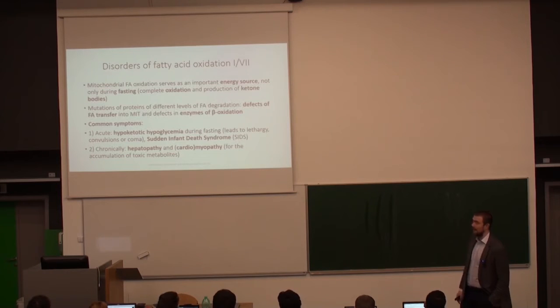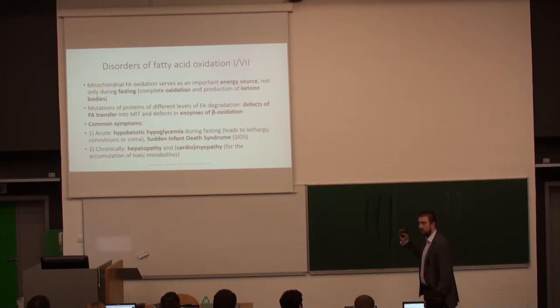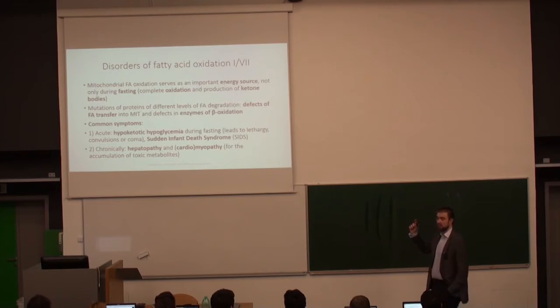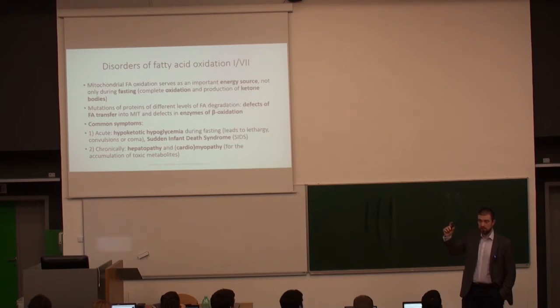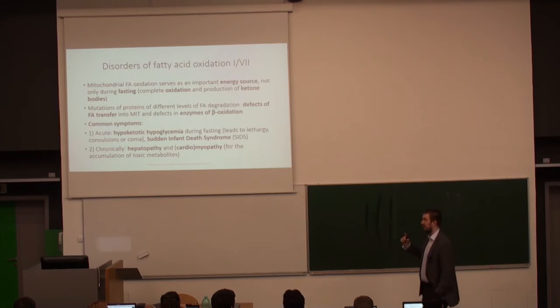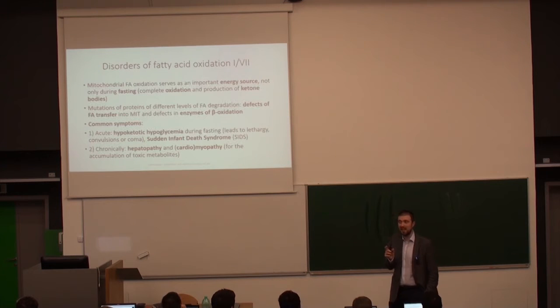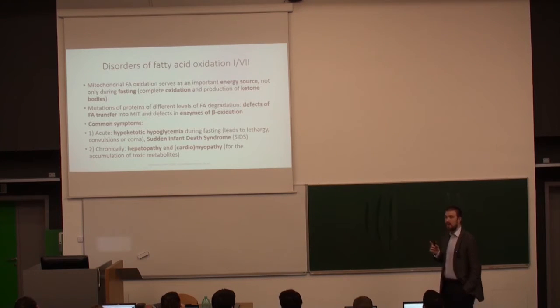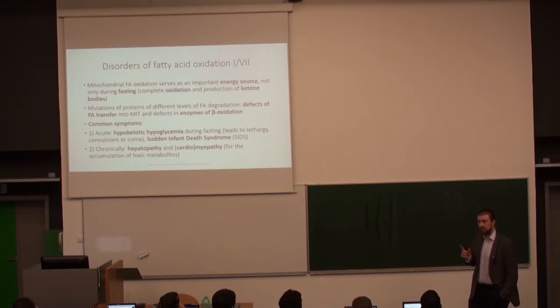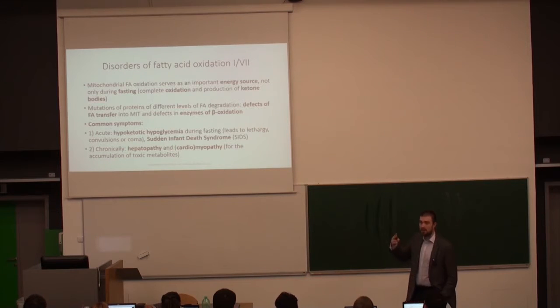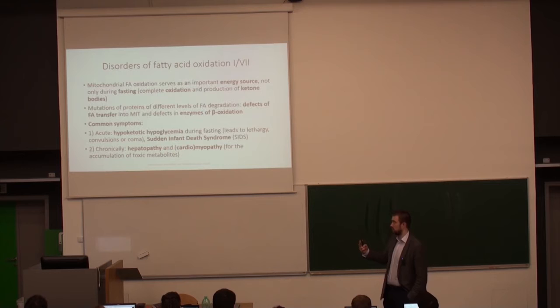If you make a defect anywhere in the beta oxidation, it will lead to a similar result. You can have defects of the transfer, that means the carnitine shuttle itself, or you can have defects of the enzymes of beta oxidation, that means the process inside the matrix of mitochondria. And you can distinguish these two defects first by molecular genetics, when you look at the genes that are defective, or by the different laboratory results of these patients.